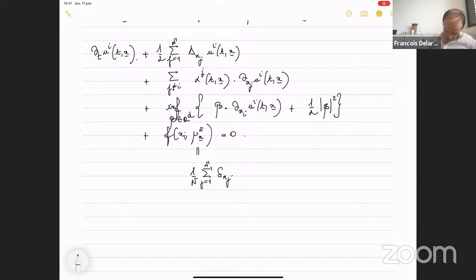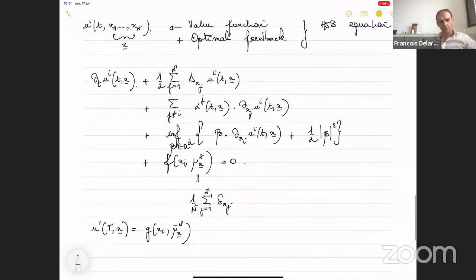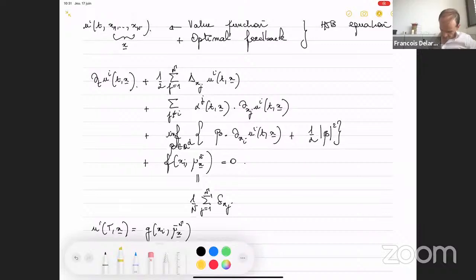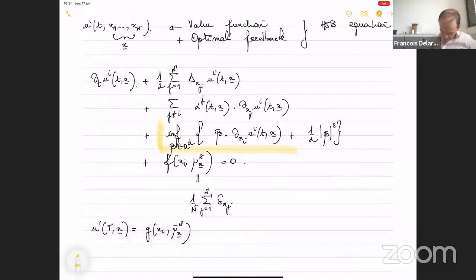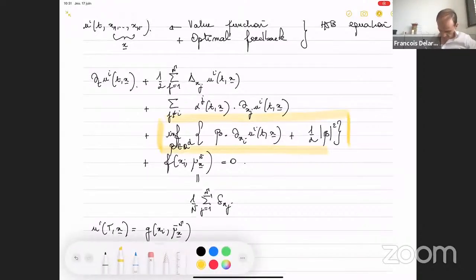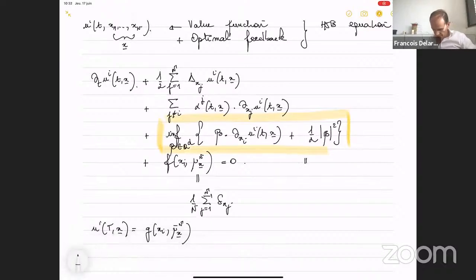And then what is the boundary condition? The boundary condition is what I'm paying at the terminal time, and I know that this is G(xi, mu bar^N x underline). So that's the equation. For sure, if you go back to the Hamiltonian that you have here, to this term, you can simplify. This is exactly what we did in the first lecture for getting the HJB equation in the MFG formulation.